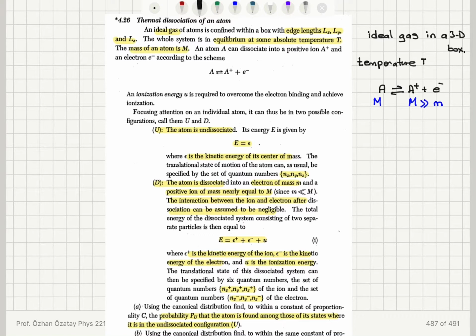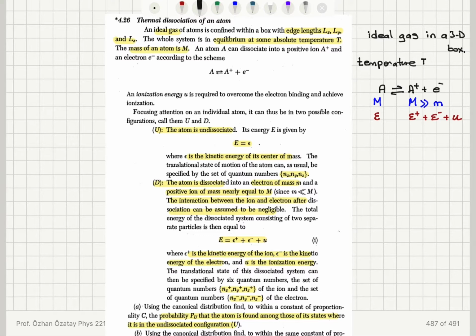Second, we have a change in the energy of the system. The energy was the epsilon, kinetic energy of the undissociated atoms, and here we have the kinetic energy of the ions, kinetic energy of the electrons, and the ionization energy U. So the energy of the system changes when it is dissociated. And the number of degrees of freedom changes.